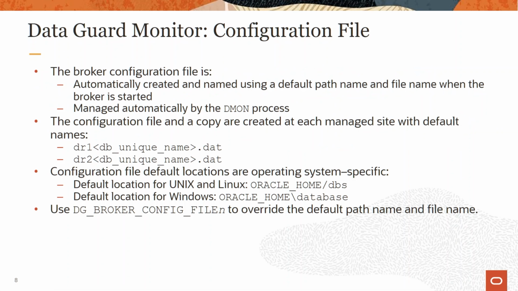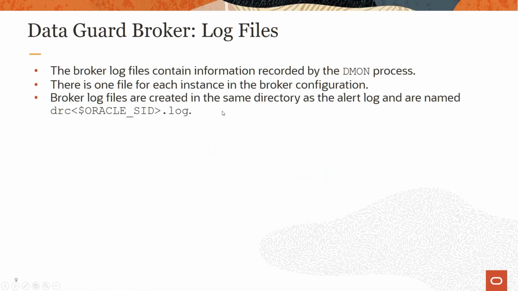Also, the configuration file is under the Oracle Home dbs directory, or the location specified in the Data Guard Broker configuration file parameter setting. In the default location, the configuration file will be created automatically, and this file will be managed by the daemon process. And also we have a log file.